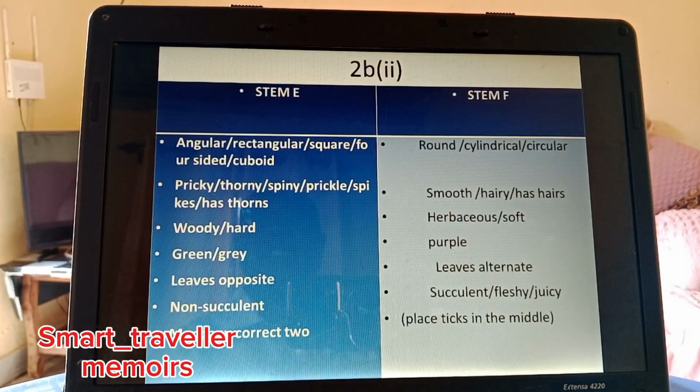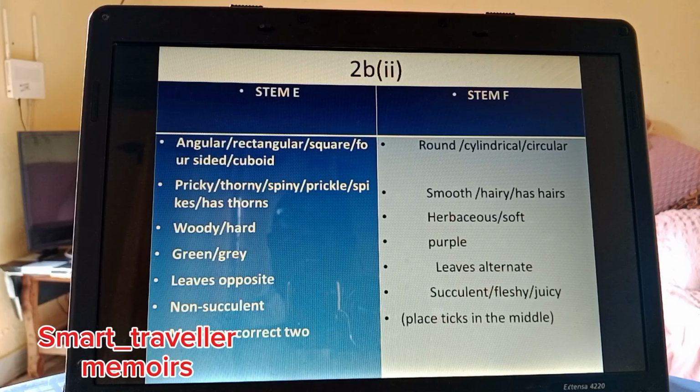Stems, differences, stem of E and stem of F. Angular, round, rectangular, square, okay. Prickly, smooth, thorny, hairy, spiny, has hairs, spikes, has thorns, okay.